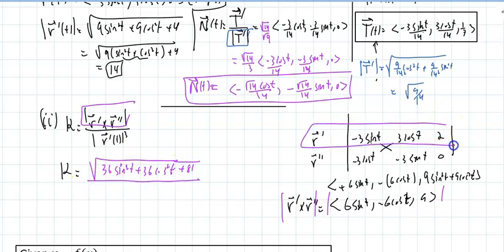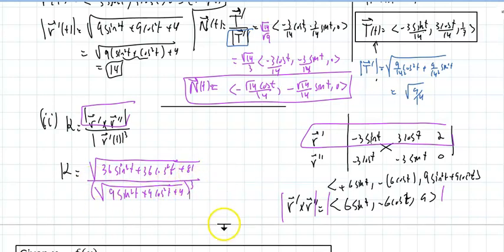There is r prime. The magnitude of that is the square root of 9 sine squared of t plus 9 cosine squared of t plus 4, cubed. Almost there.